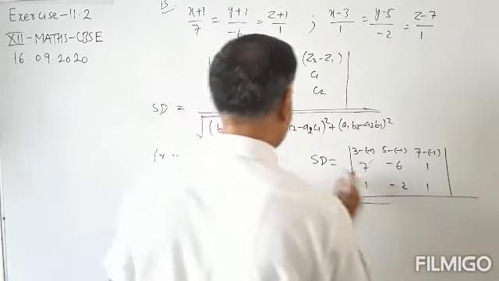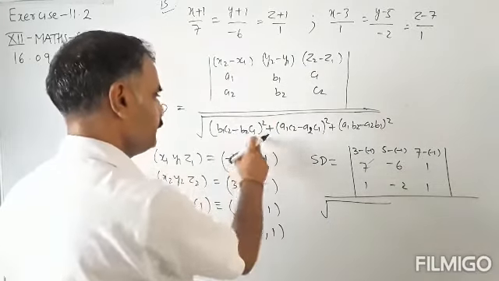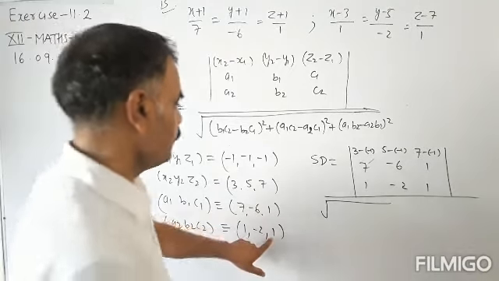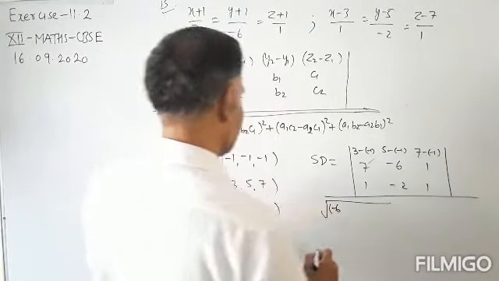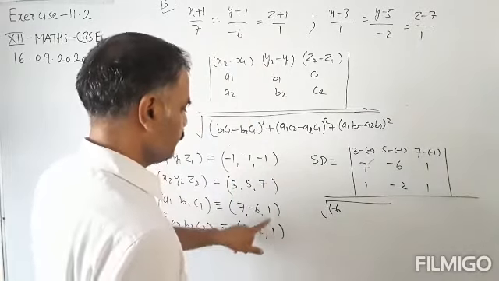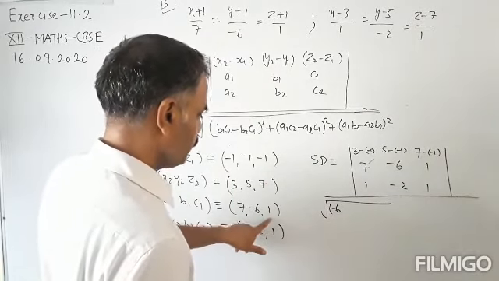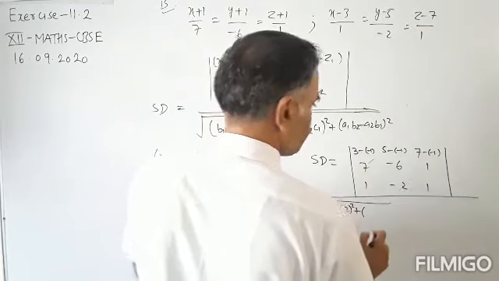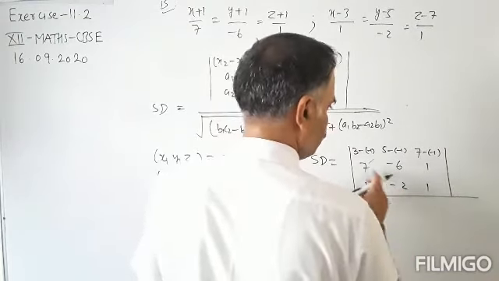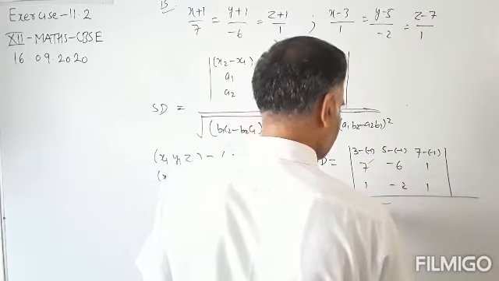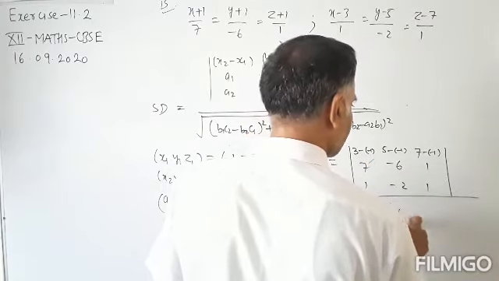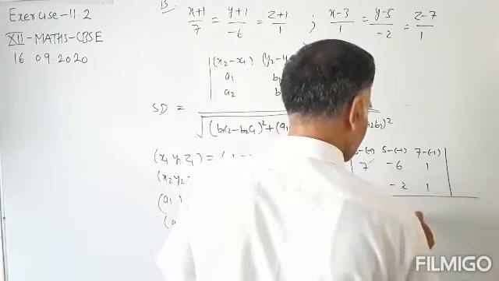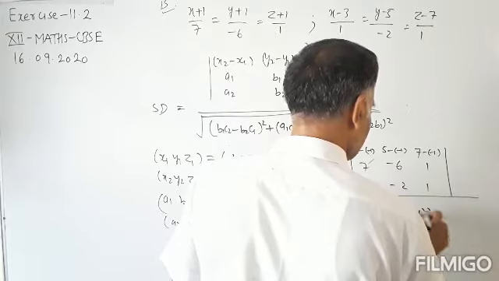under root (b1 c2 minus b2 c1): minus 6 into 1 minus minus 2 c1, that is minus 6 plus 2, whole square, plus (7 minus 1) whole square, plus lastly (minus 14 plus 6) whole square.